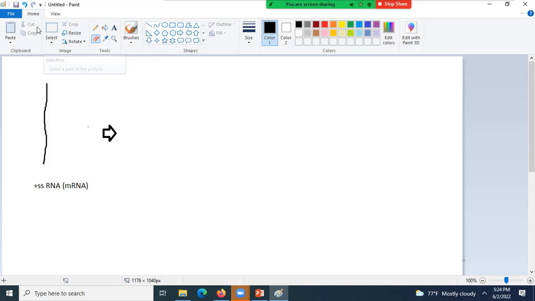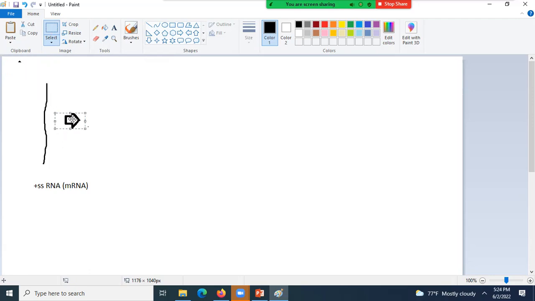Let's go select, cut, paste. Oh, no, I didn't want that. Having trouble here. Lost part of the arrow there, but that's all right. There we go, right there.